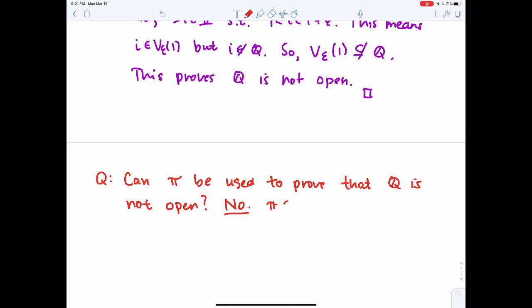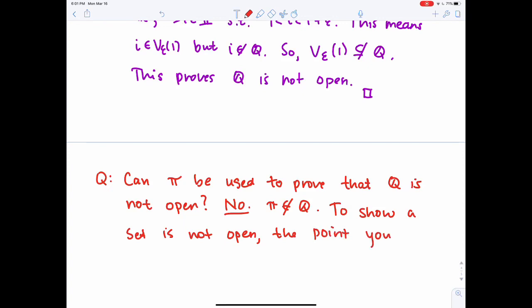Pi is not in Q. To show a set is not open, the point you use must be in the set. We only care about points in the set.